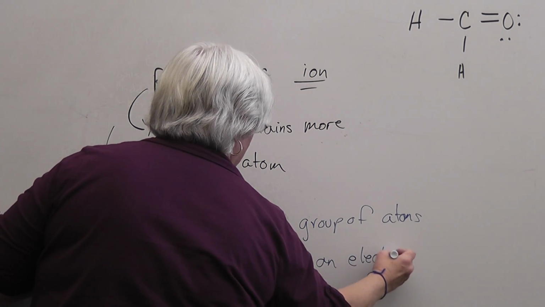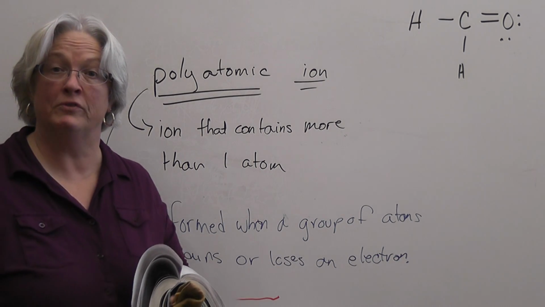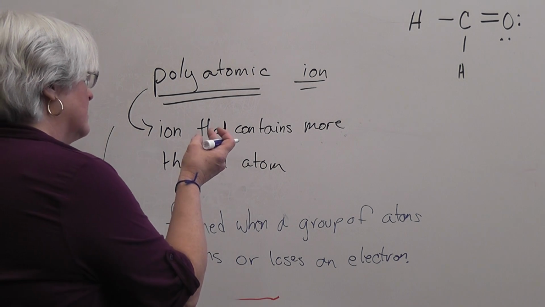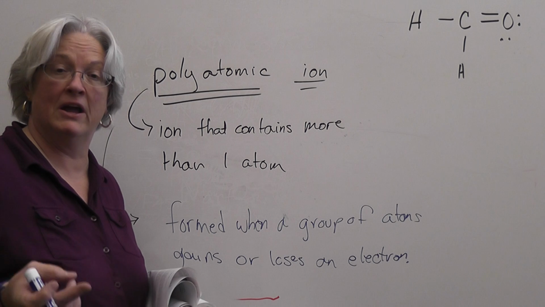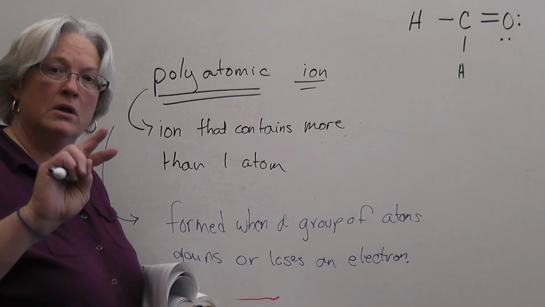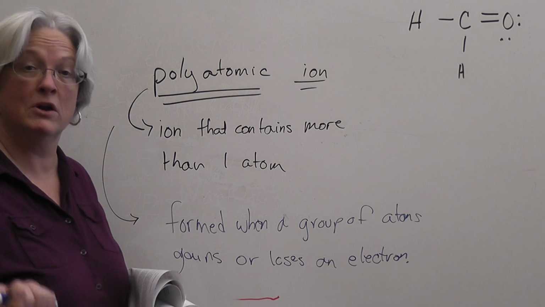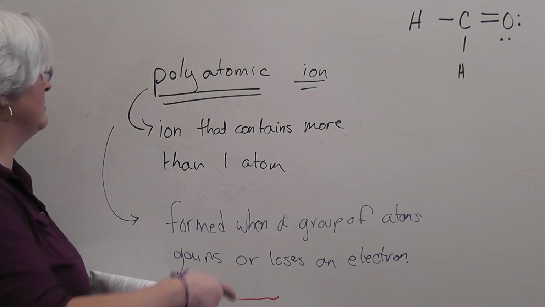Fortunately, there are not a whole bunch of them, but there are a dozen or 15 of them. I think it's actually 14 of them. And you're going to have to know what those ions are. You're going to have to know what their charge is, so that you are able to draw a correct Lewis structure, so that you can come up with the molecular geometry.